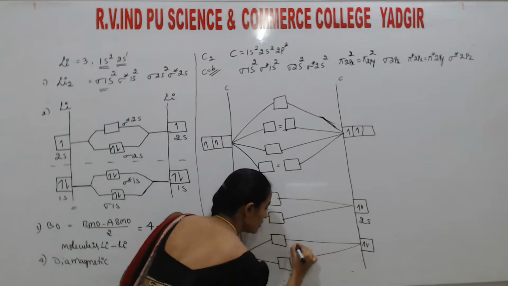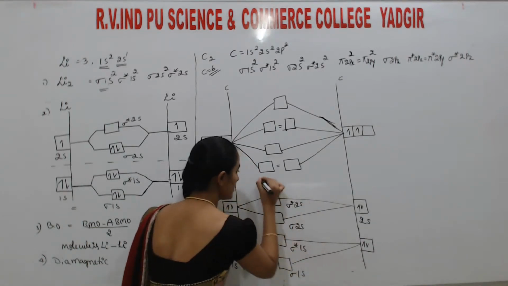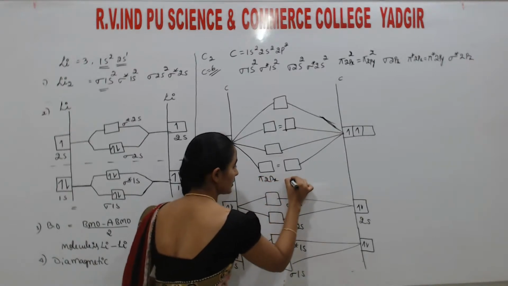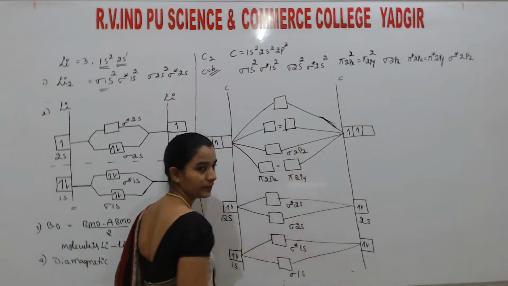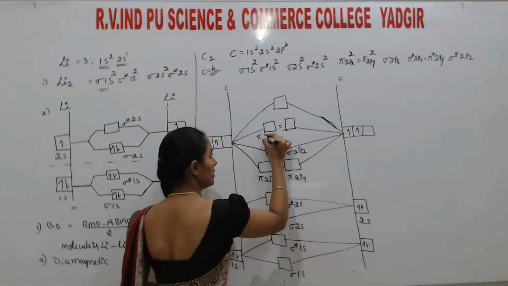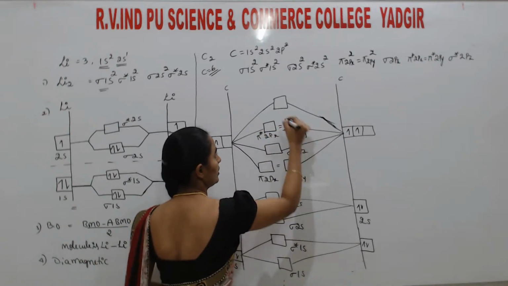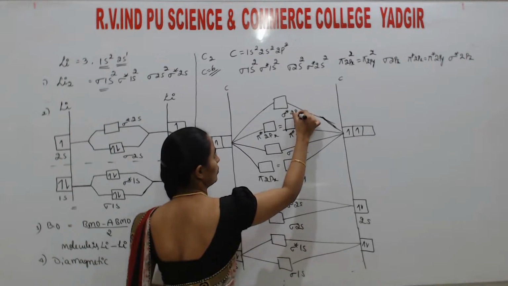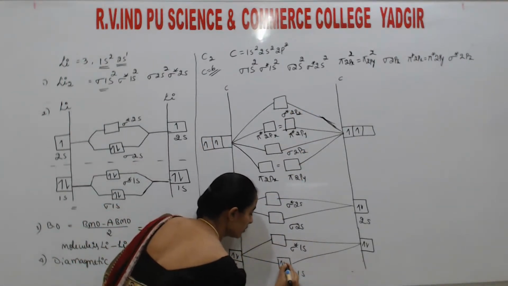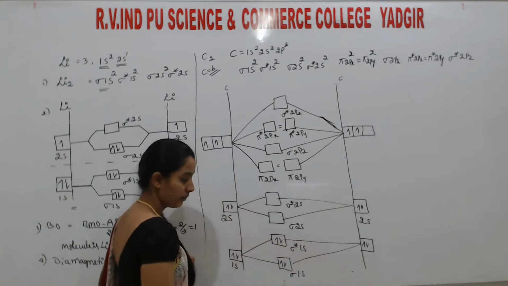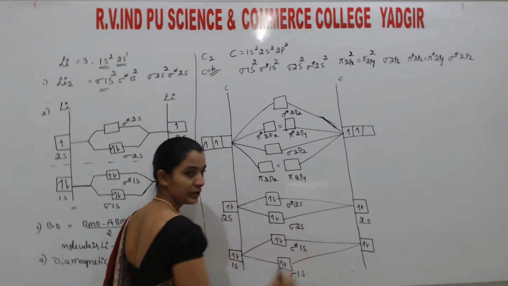This is sigma 1s, sigma star 1s, sigma 2s, sigma star 2s, pi 2px, pi 2py, sigma 2p set. Next, pi star 2px, pi star 2py, sigma star 2p set. Listen here. So here, of course, completely filled because 4 electrons are there. Here also 4 electrons are there, completely filled.